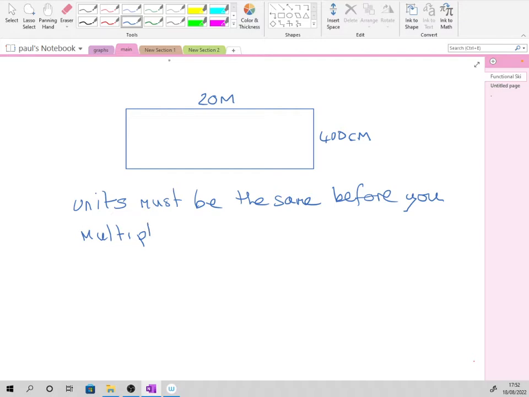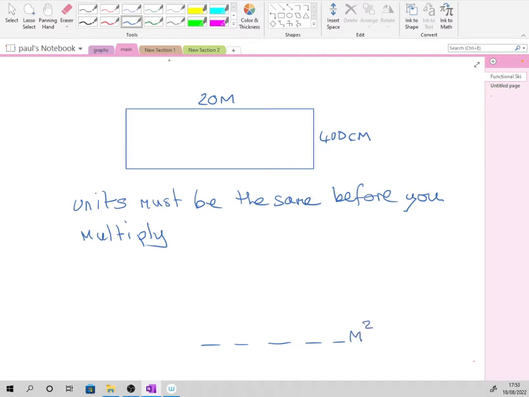It doesn't matter really whether you change them both to centimeters or both to meters, but when you get here, have a look, there might be an answer line down here, and it might give you a clue to what it's going to be.